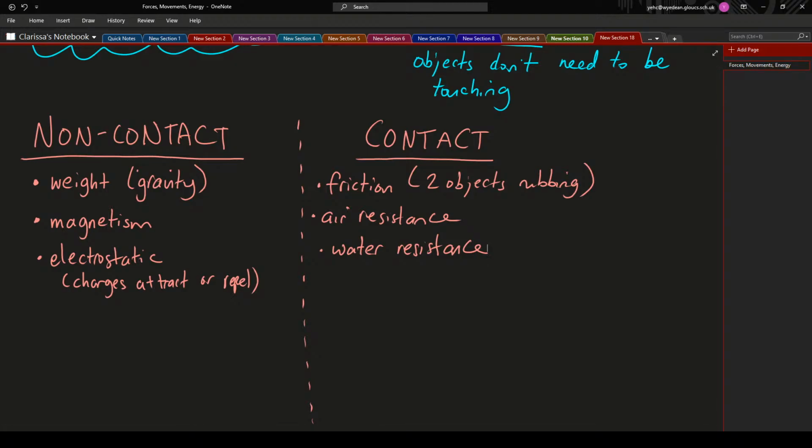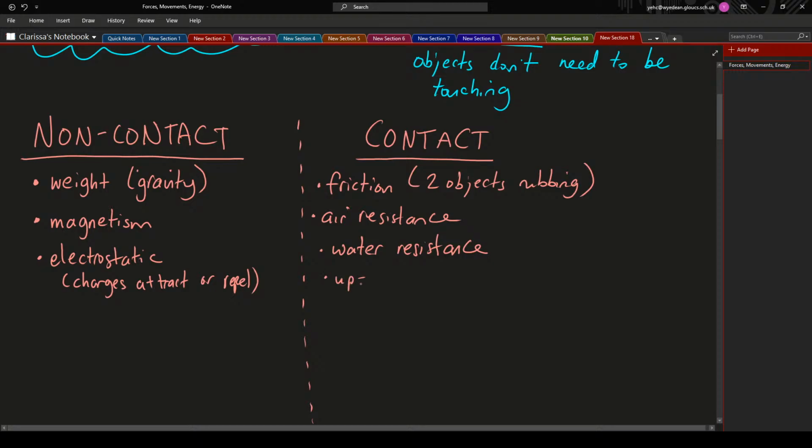There's also upthrust, which is something we talked about in Year 8 before, which is a force that pushes up in a liquid that allows you to float.